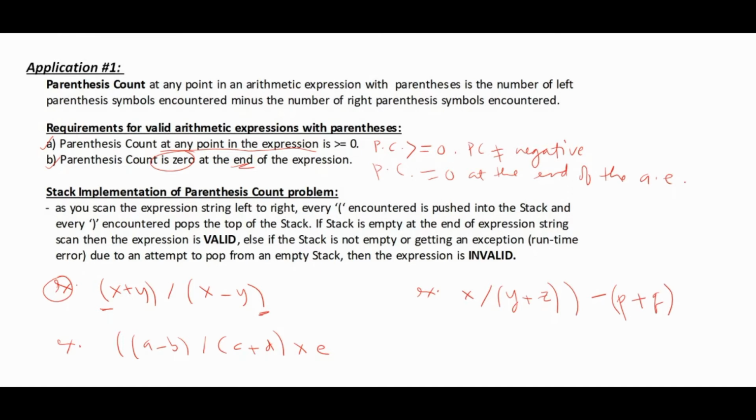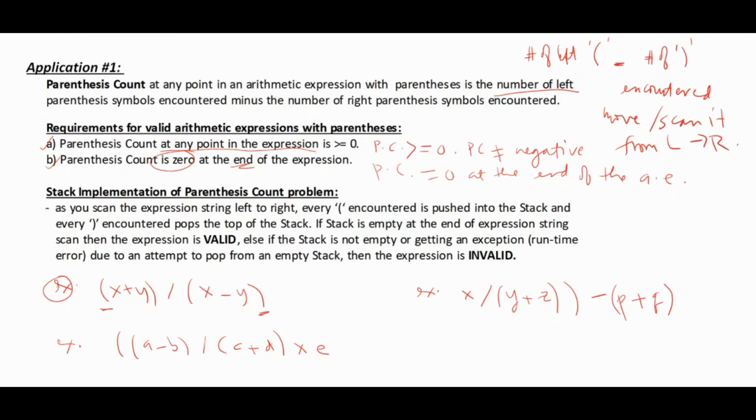And what is that value? It is, as stated above, the number of left parentheses minus the number of right parentheses encountered as you scan it from left to right.